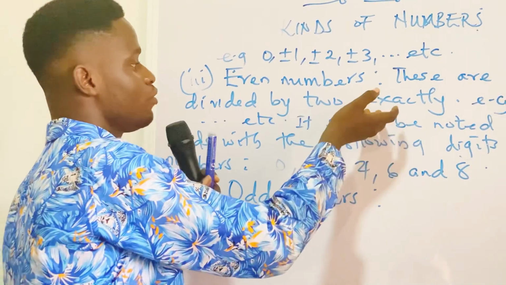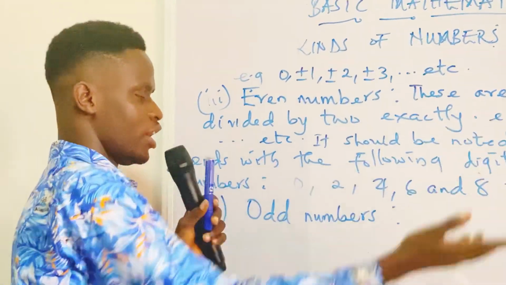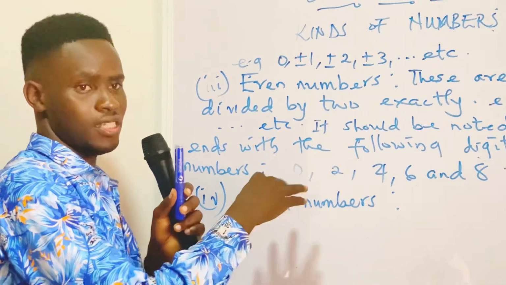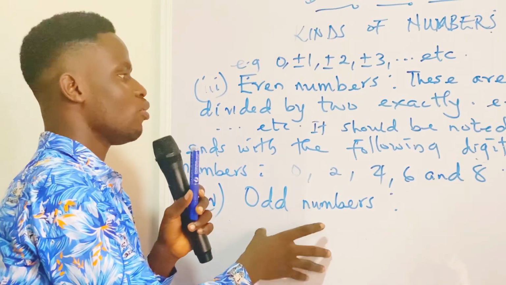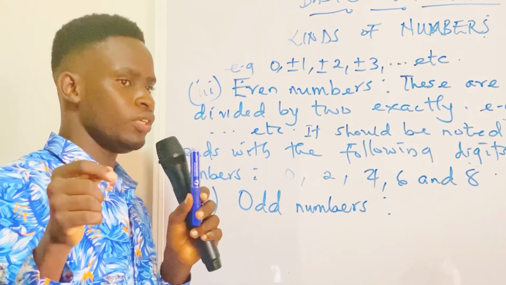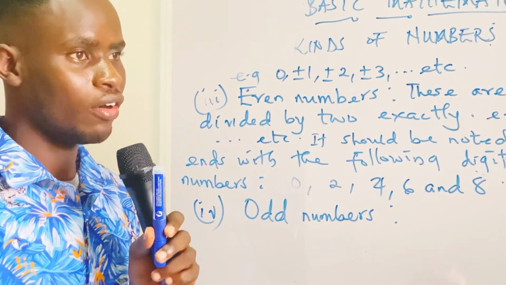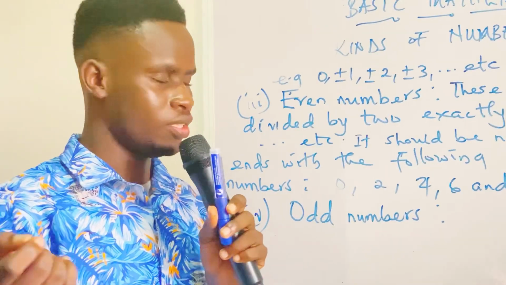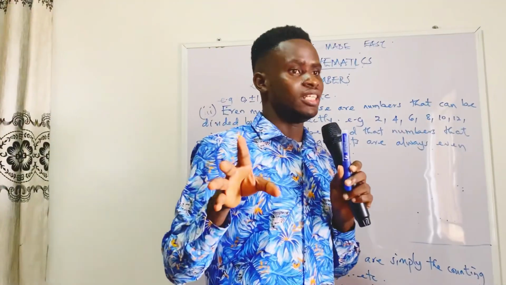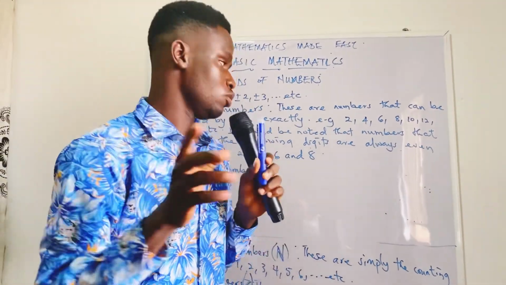In the case of odd numbers now, the reverse is the case. Odd numbers are numbers that 2 cannot divide exactly. Even if 2 should divide, it will have a remainder. So numbers that cannot be divided by 2 exactly are odd numbers.